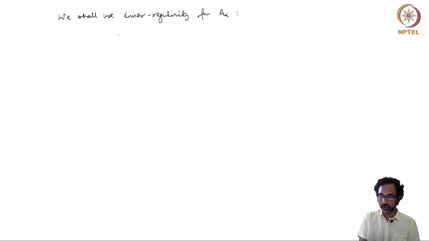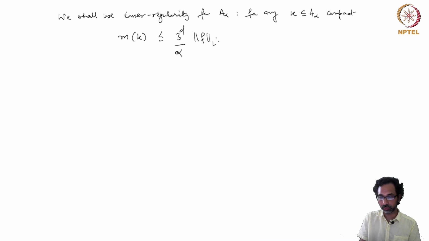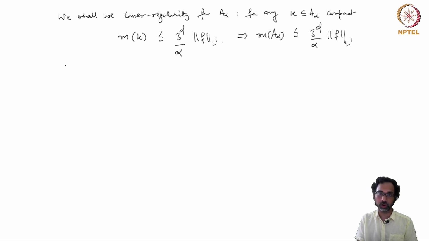And so we will show that for any compact K inside A alpha, we have the required bound, which is 3 to the power d over alpha times the L1 norm of f, and by inner regularity this would imply that the measure of A alpha itself is less than or equal to 3 to the power d over alpha times the L1 norm of f, by taking the supremum on the left hand side over all compacts inside A alpha.